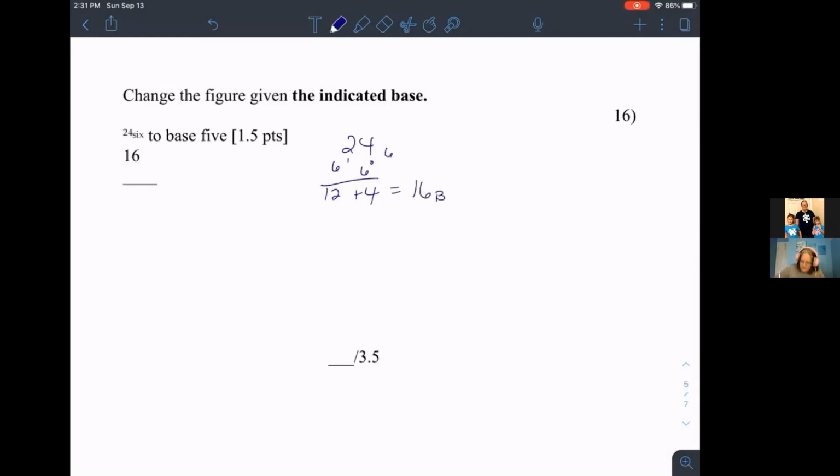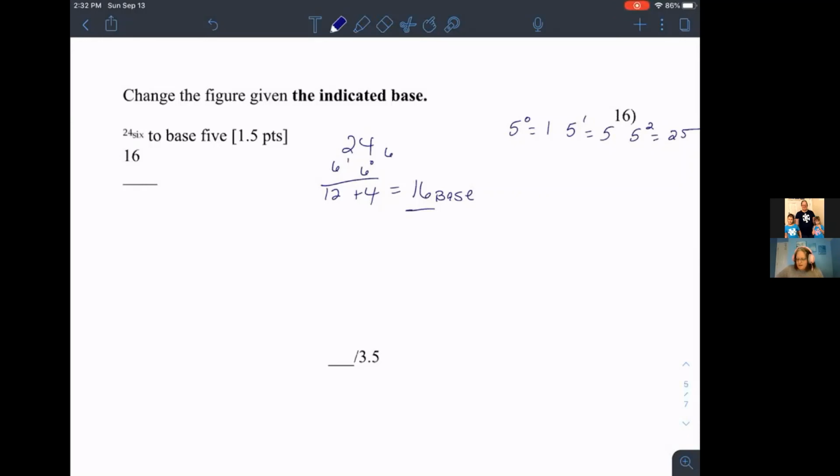16 base 10. So now we want to go from base 10 to base 5. In order to do that, we need to find the place values for a base 5 system. So 5 to the 0 would be 1, 5 to the first would be 5, 5 to the second, 5 times 5, is 25, and we're going to be dividing it into the 16.